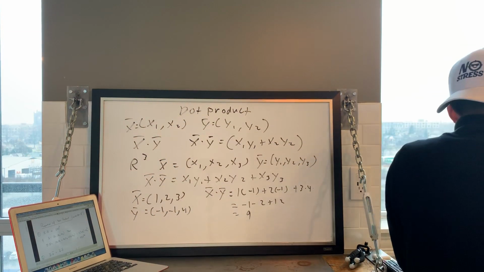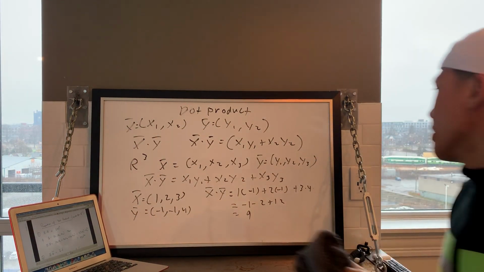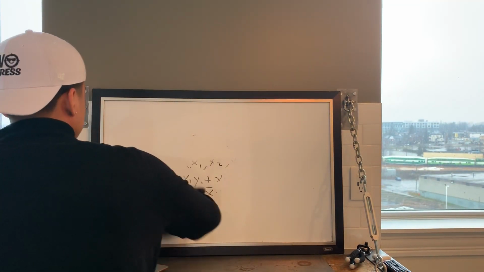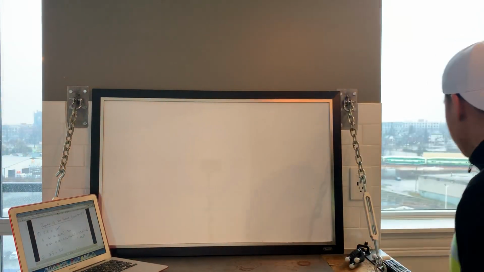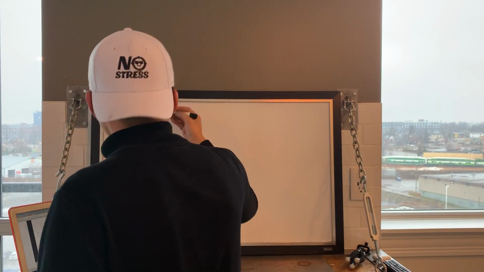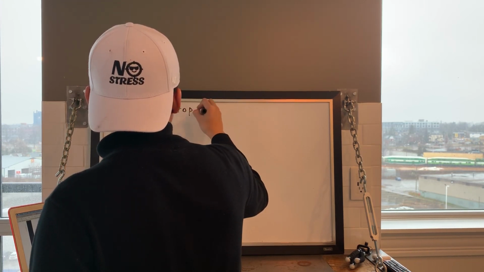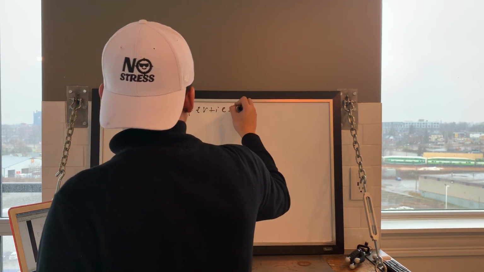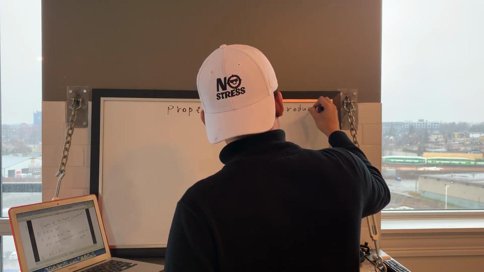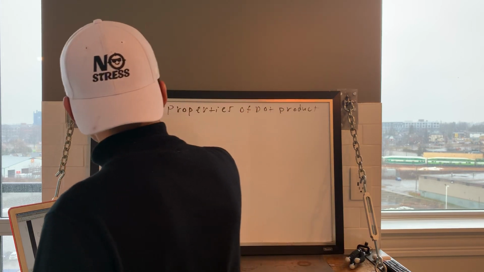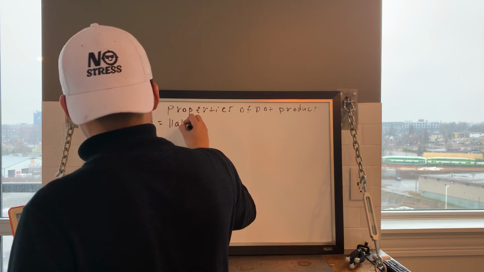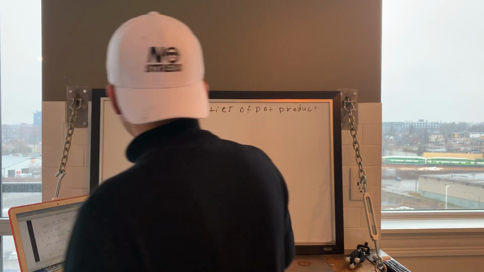Let's talk about some properties of the dot product. Properties in R to the n, it could be R2, R3. So A dot A equals the magnitude of A squared. That's a property.